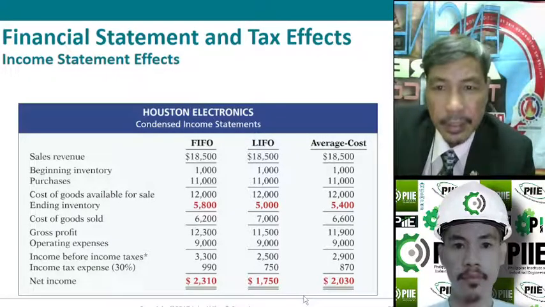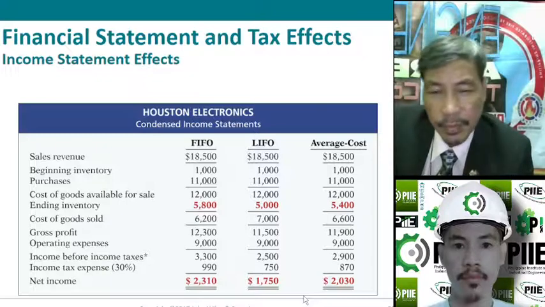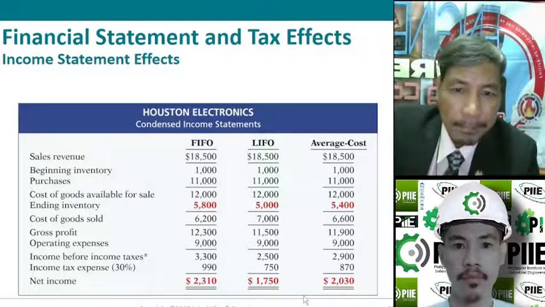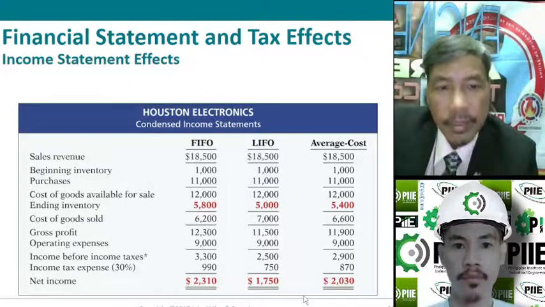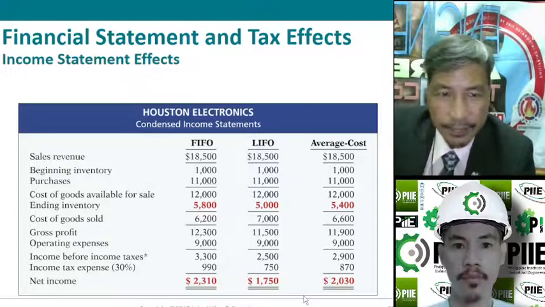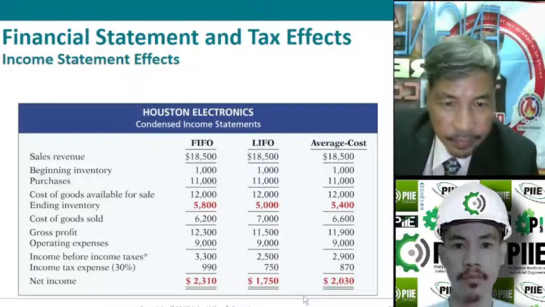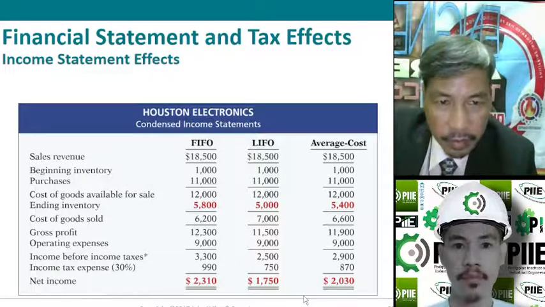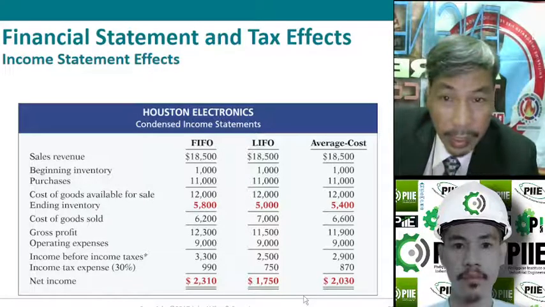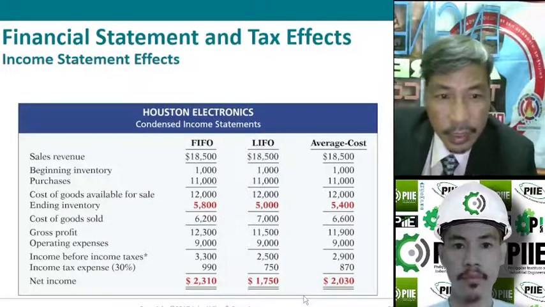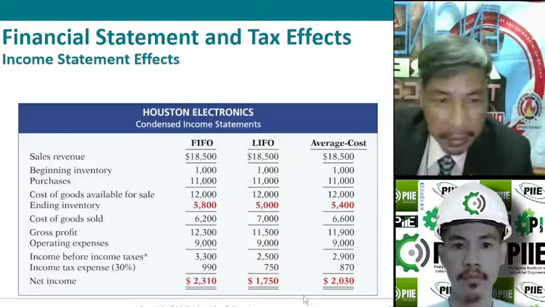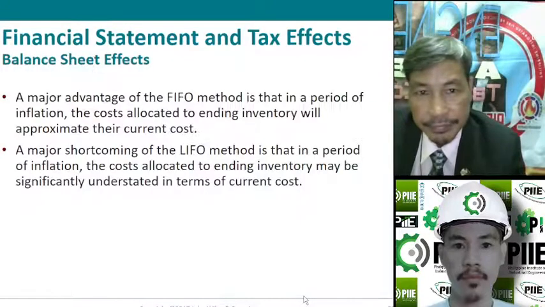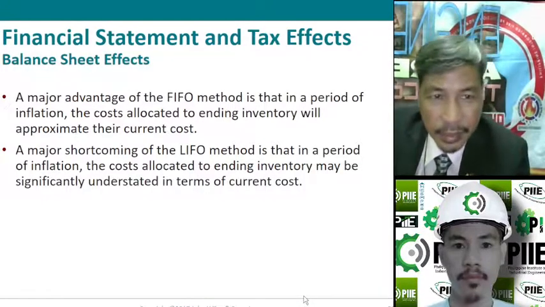So identification, particular identification of product. Okay. So we have the net income at a different threshold. So the higher the inventory, the higher the net income. Financial statement and tax effects.